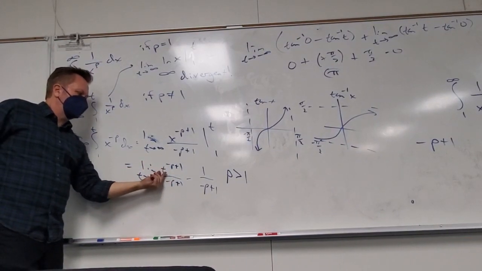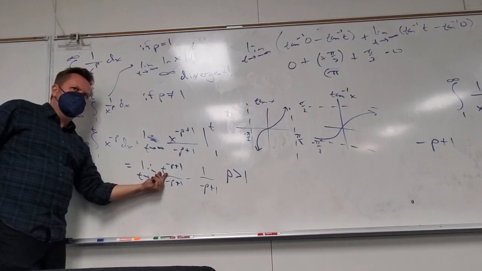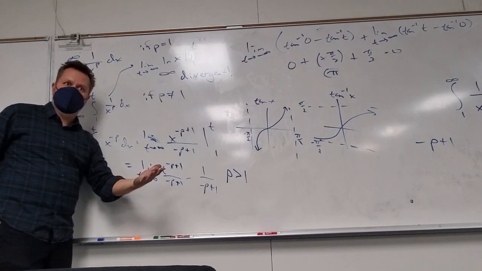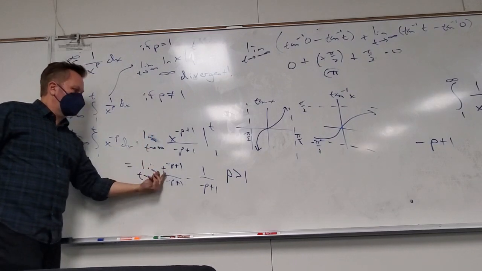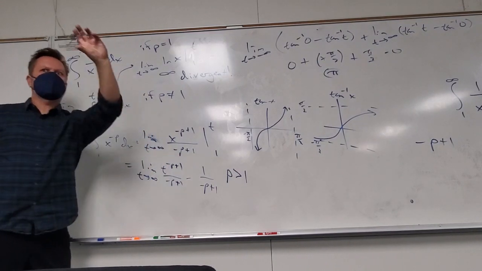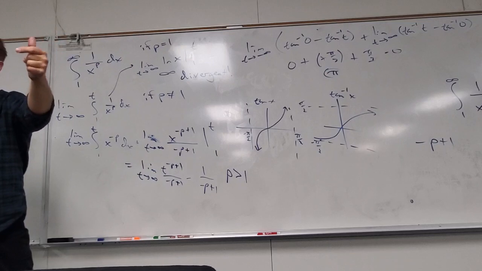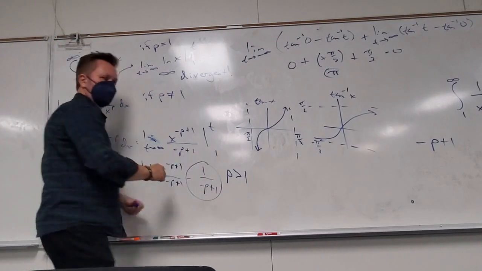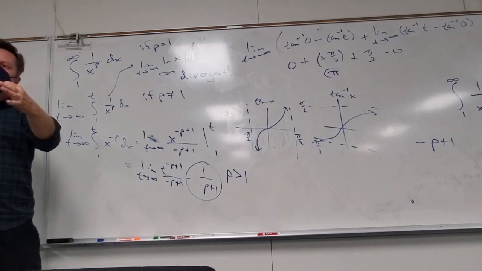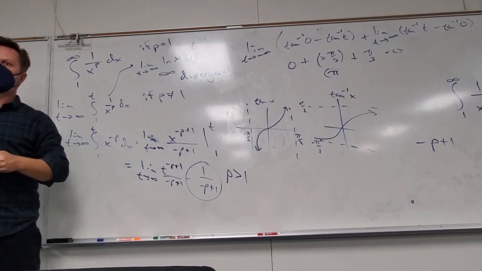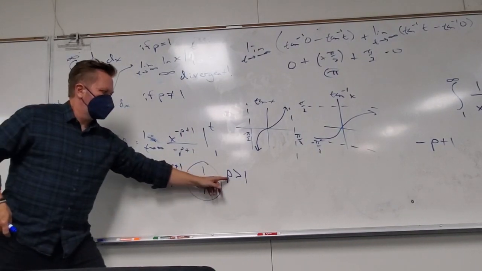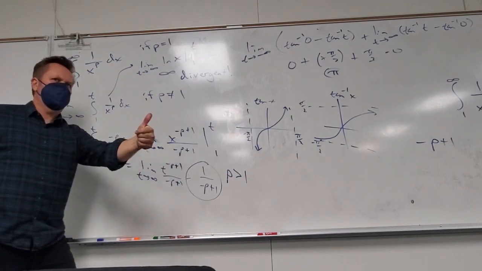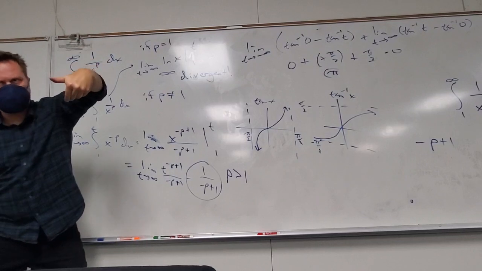If the power is positive, it stays really, really big, so that goes to infinity. If the power is negative, it's 1 over really, really big, which makes it go to 0. So it would converge to that finite number. That would be the answer, and the only way to do that is p greater than 1. That's what makes this power negative, which puts the infinity on the bottom.